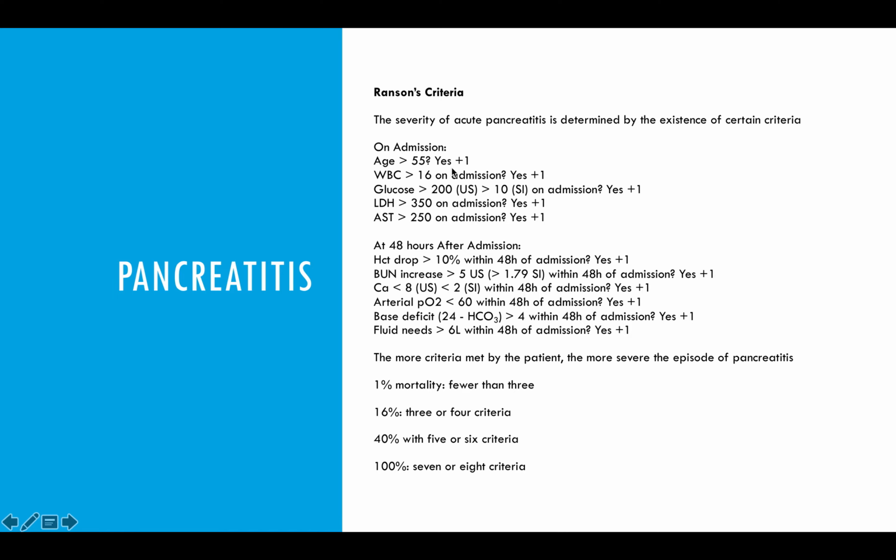So their age, their white cell count, their glucose, their LDH, and their AST, which is some of our liver enzymes, and then we look at a bunch of other criteria 48 hours after, and it helps to determine mortality. So again, like I said, the 7s and 8s, these are the ones that have really severe necrotizing pancreatitis, and they're in the ICU for months.